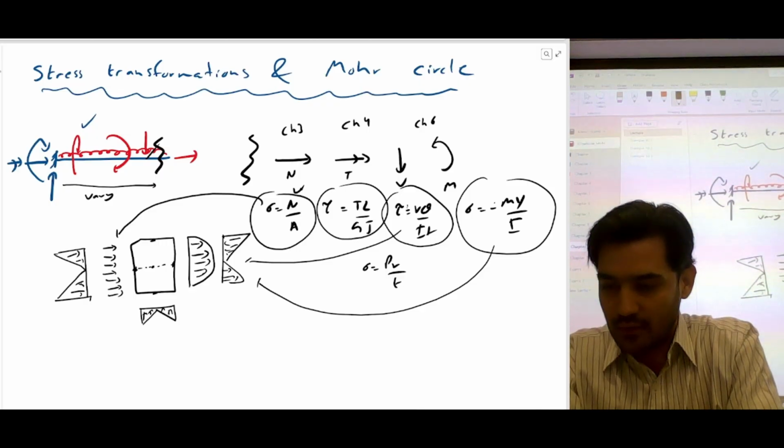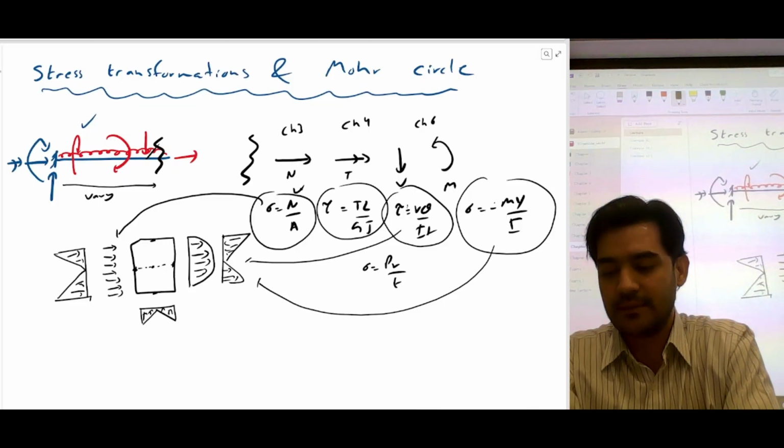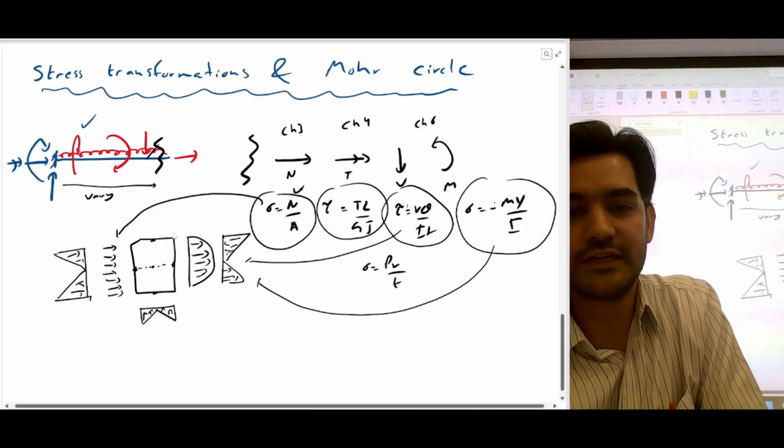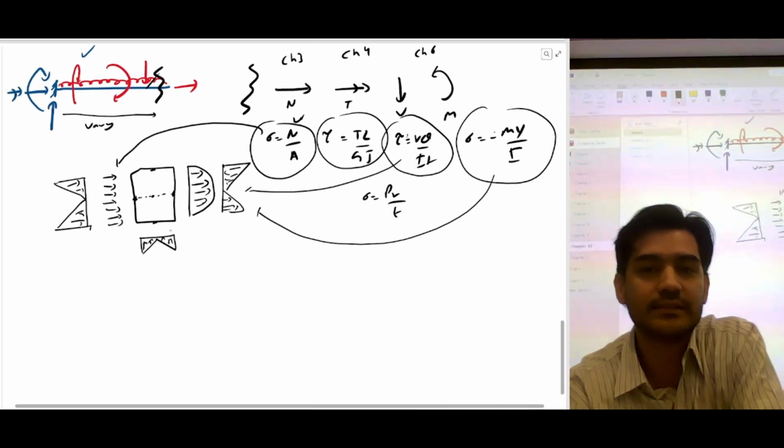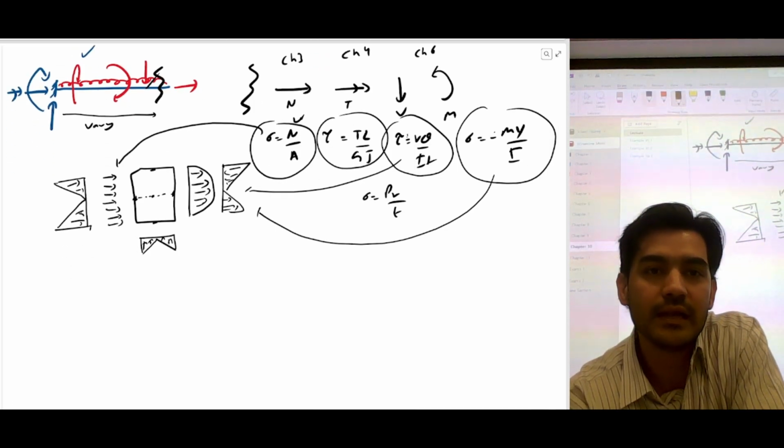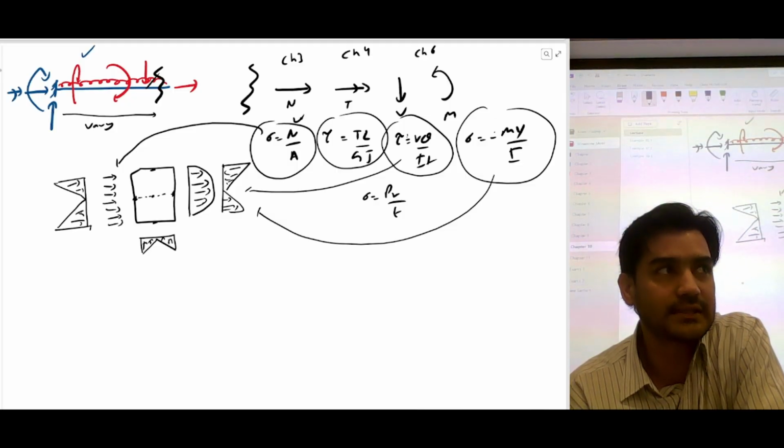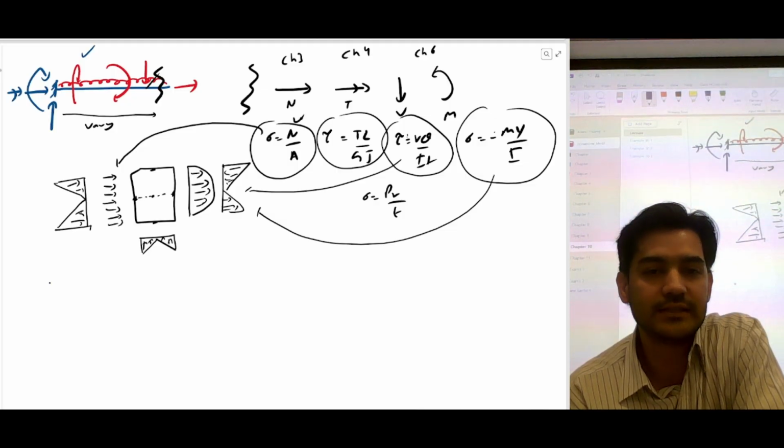But this chapter is about Mohr circle, right? And this chapter is about stress transformations. So whatever we have been doing until now, we discussed in chapter 2, that this is called a macro scale approach, right?